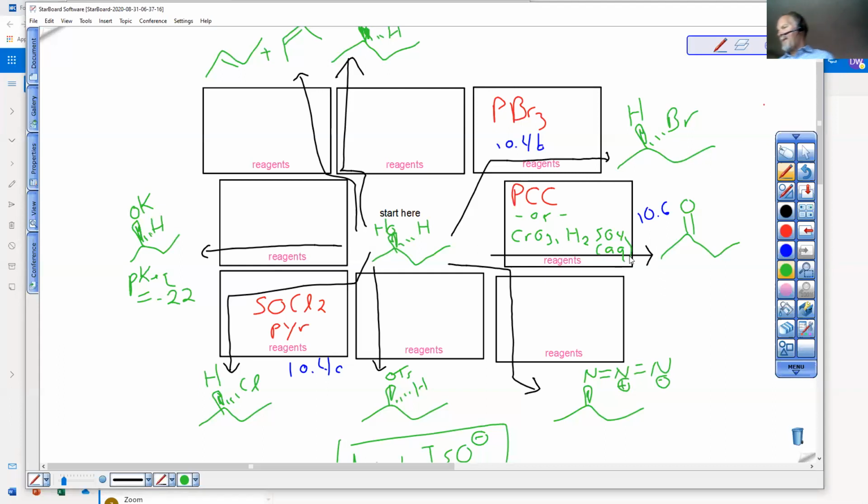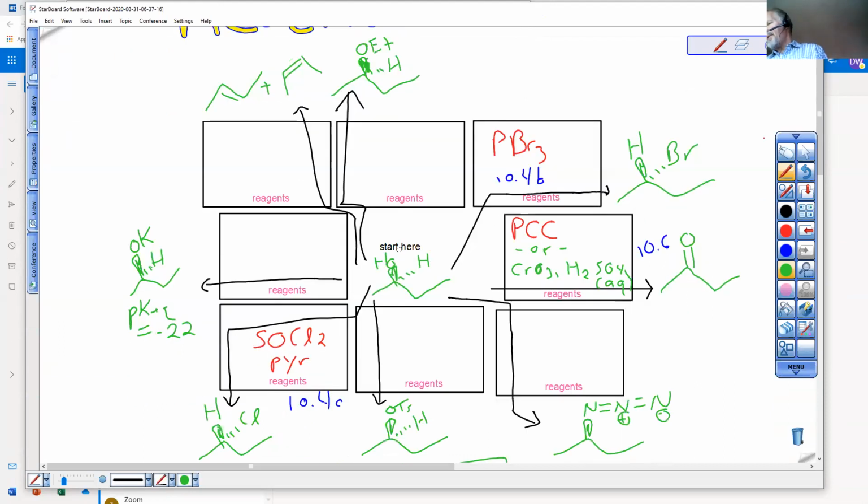And I'm not going to write it here, but you could have replaced CrO3 with potassium dichromate, K2Cr2O7. Secondary alcohols, very flexible for oxidation. That's an oxidation when you create a new bond to oxygen that used to be a bond to hydrogen. Electrons got further away from carbon. That's oxidation.